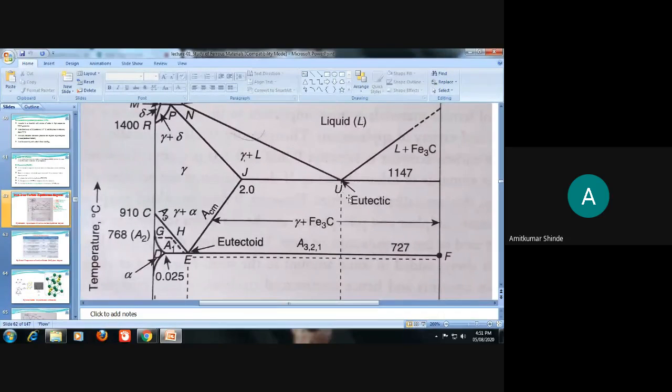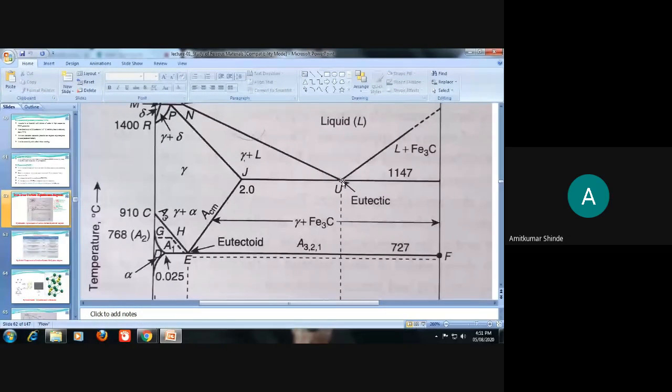This liquid will get transformed to a mixture of two solids, austenite and cementite. This mixture is termed as ledeburite. Just try to understand this. When carbon percentage is exactly 4.3, that type of cast iron is termed as eutectic cast iron.